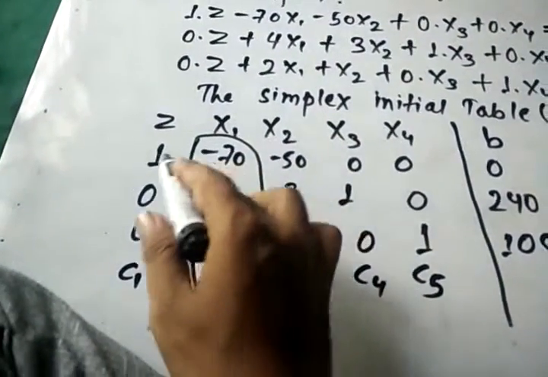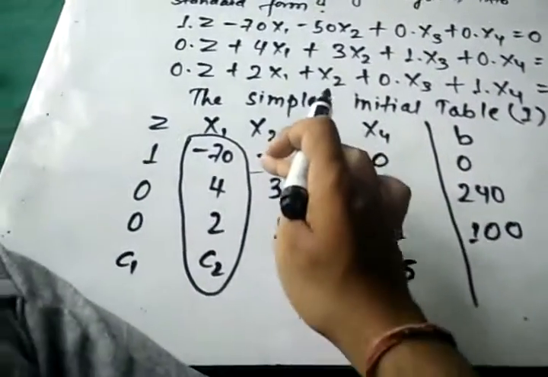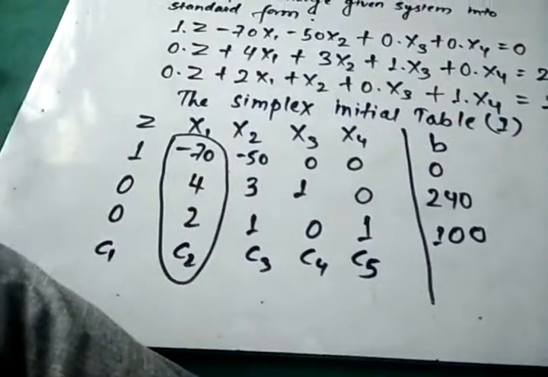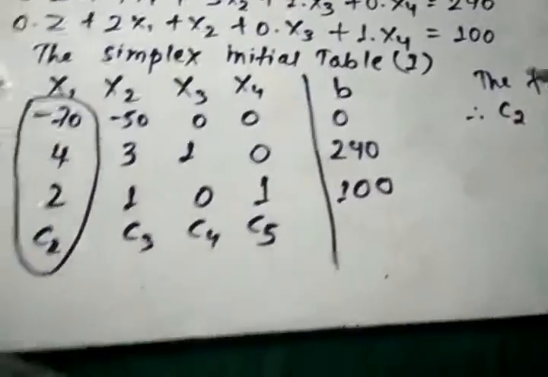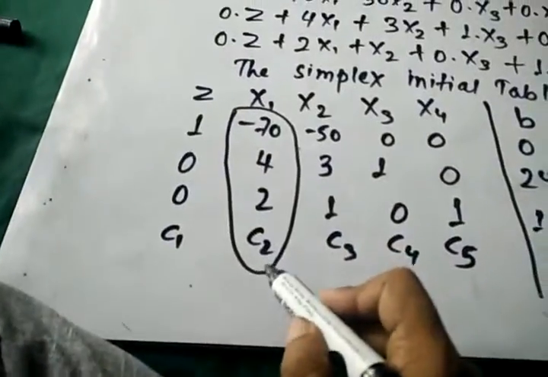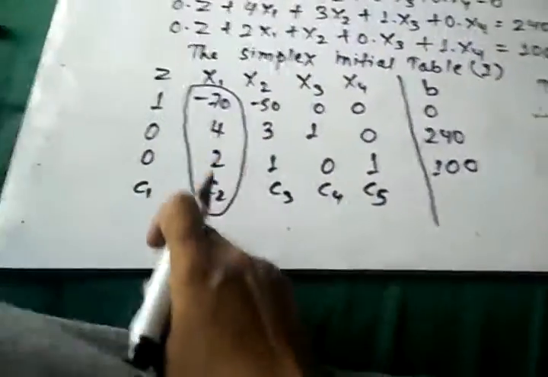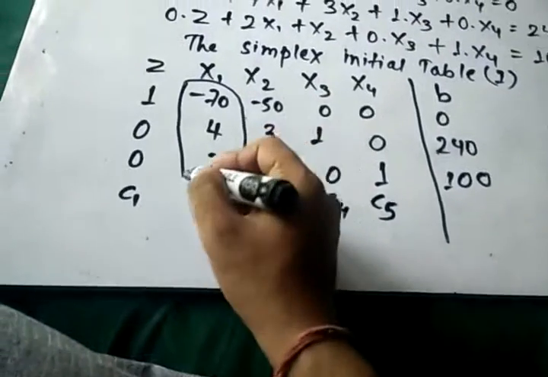Minus 70 is the first negative entry in the first row. Therefore we take this as our pivot column, therefore C2. Why C2? This column is C2. You don't have to take this, you only have to take this much.